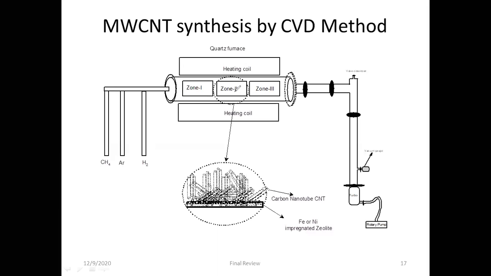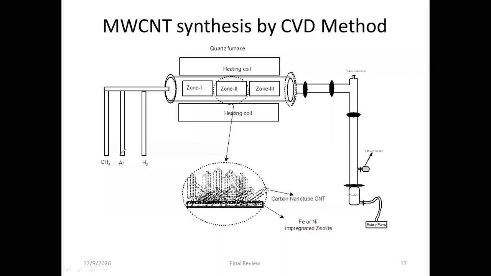Zeolite is a mesoporous material, and in that zeolite we are going to grow our carbon nanotubes. Mesopore means the pore diameter will be 2 nanometers to 50 nanometers. In these zeolite pores, we will grow the carbon nanotubes.